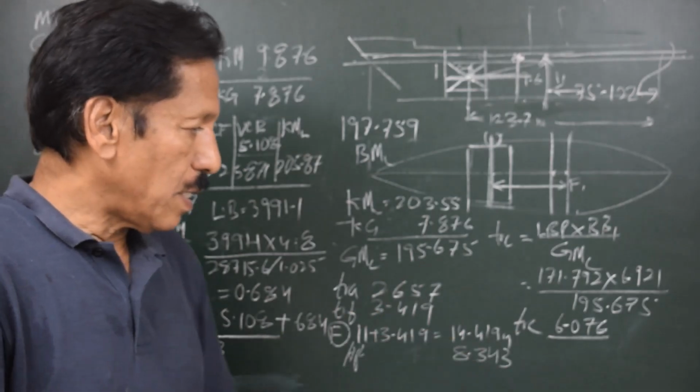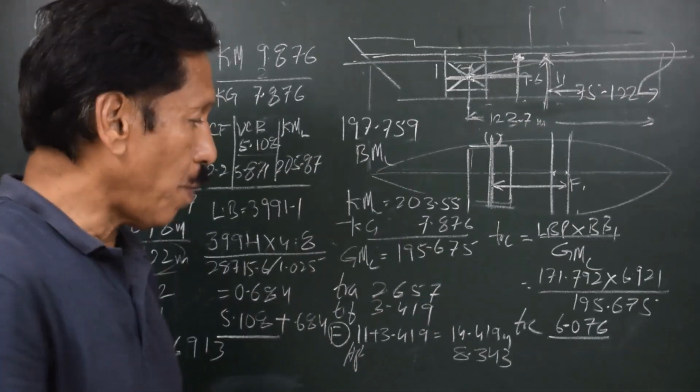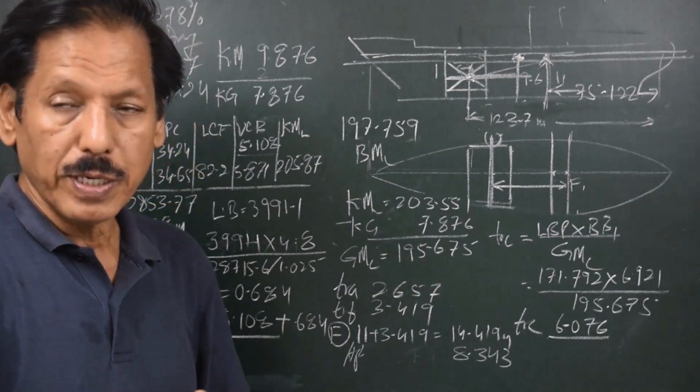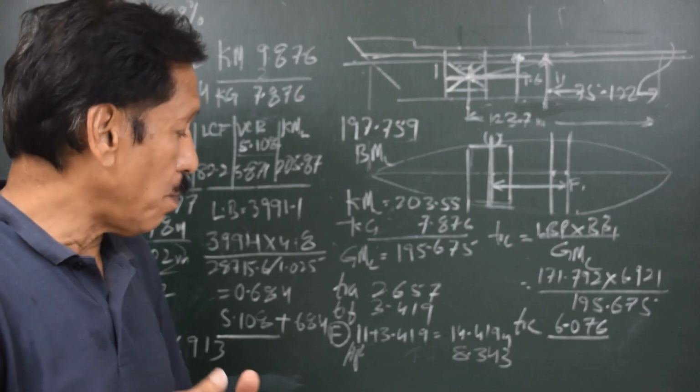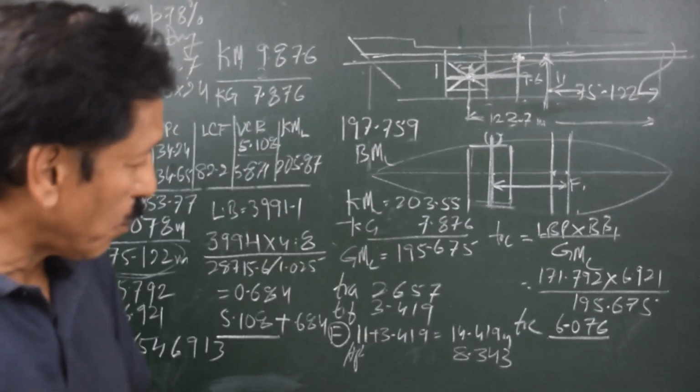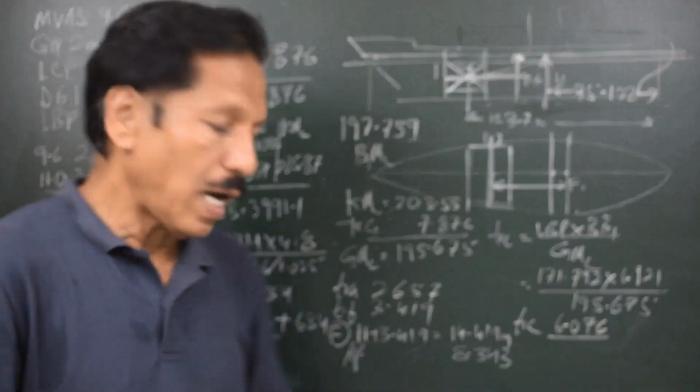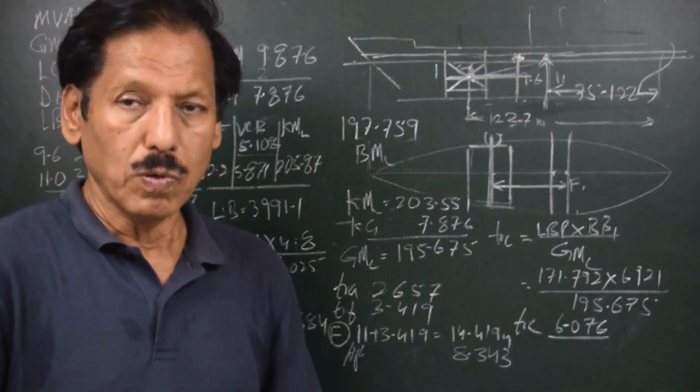So you've seen the trim change compared to the even keel posture is 6.076 meters. There is damage forward, so forward will go down, and there is a tremendous increase of draft. The forward draft is 14.419 and the aft draft is 8.343 meters.